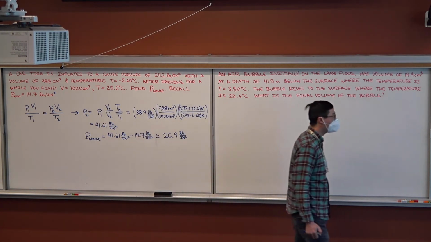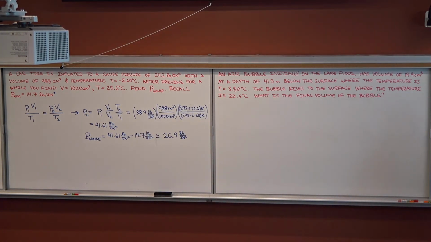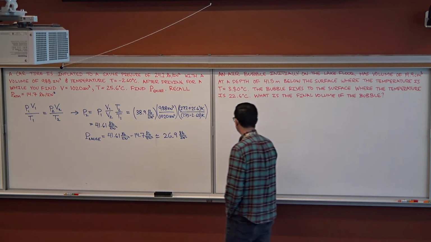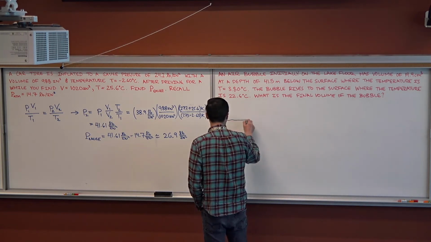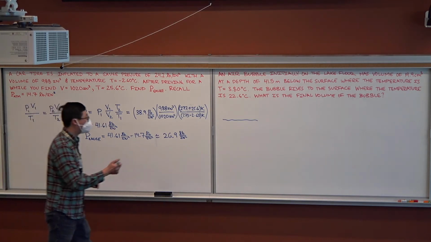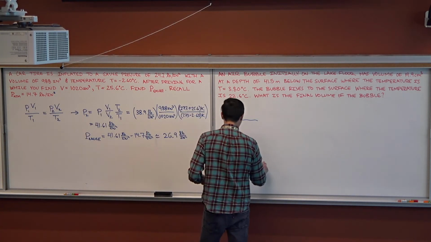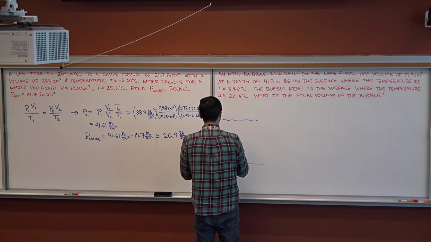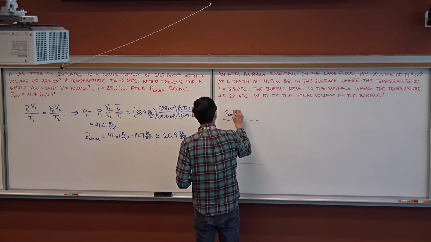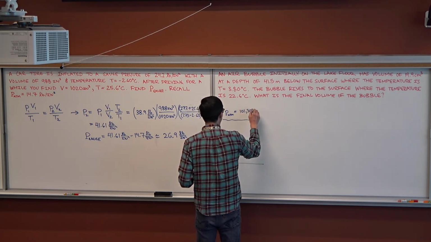So can you guys help me strategize a plan here? We could find the pressure first, we could use the depth. I don't remember what the equation for that is. So up here we have atmospheric pressure, which is 101,300 Pascal.